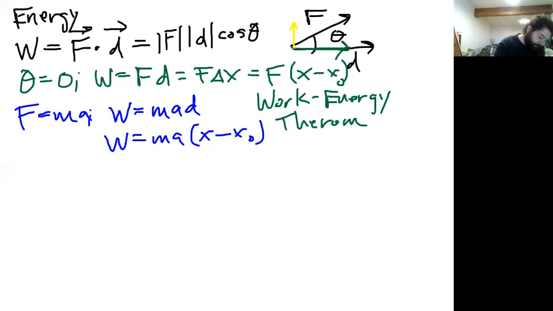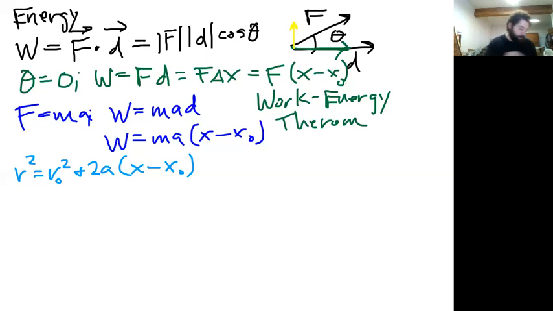We're going to use an equation which is v squared equals v naught squared plus 2a times the quantity x minus x naught. So as you can see, that a times x naught is basically the same as there.